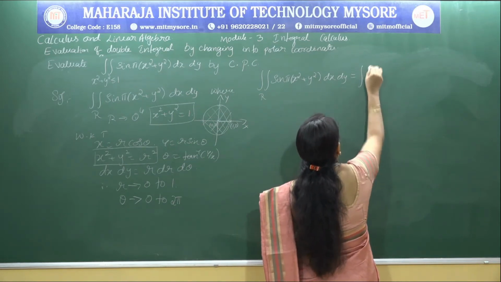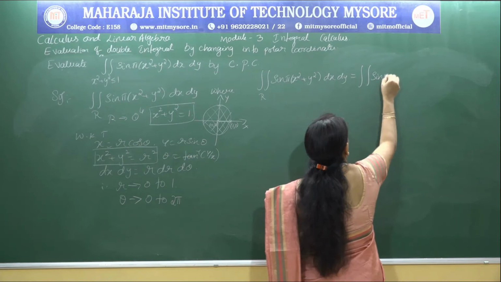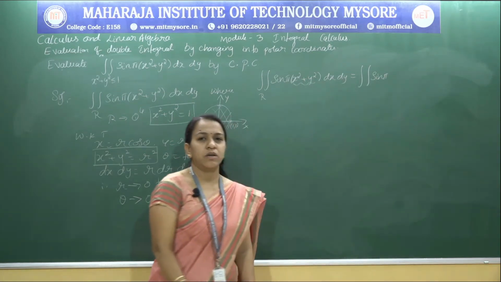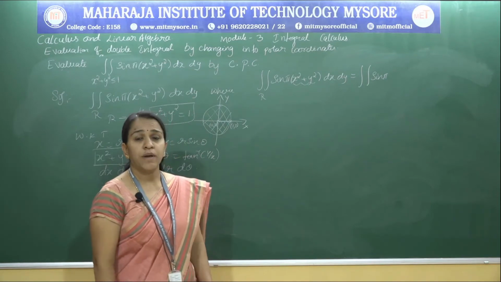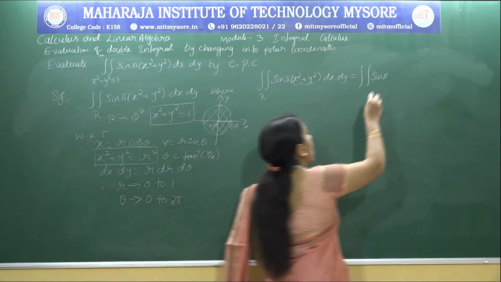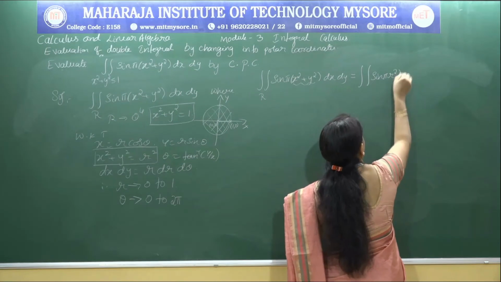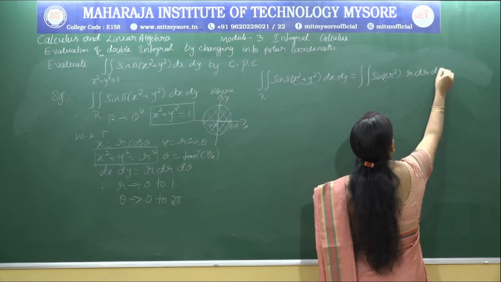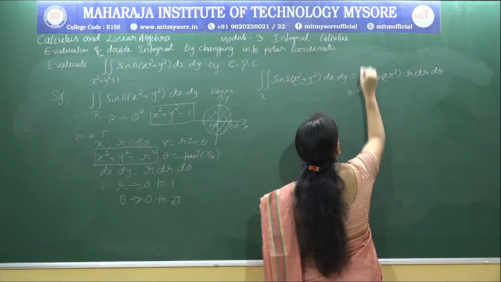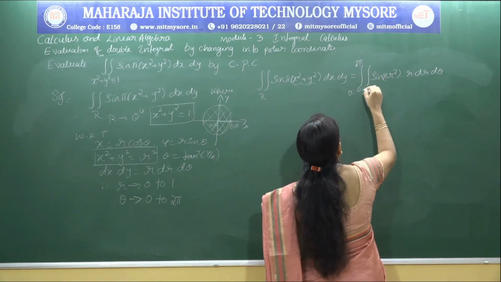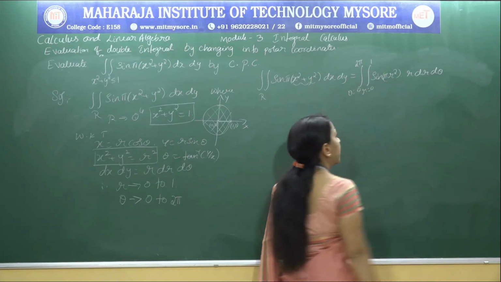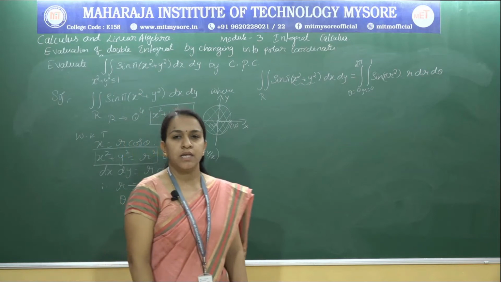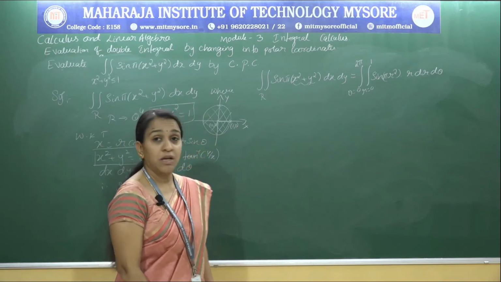That is nothing but the integral of sin pi into, changing Cartesian to polar, x square plus y square can be replaced by r square, and dx dy is r dr d theta, where theta varies from 0 to 2 pi and r varies from 0 to 1.